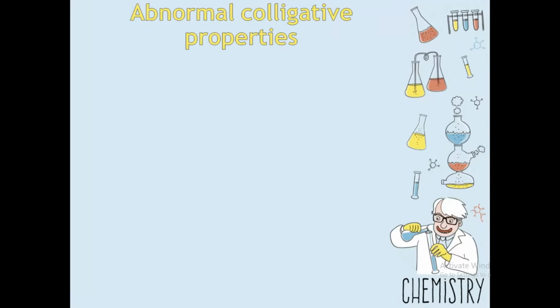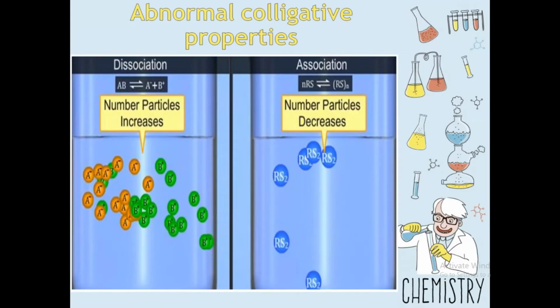The abnormal behavior of colligative properties has been observed in the following cases. So, if we dissolve an electrolyte in the solvent, it will either dissociate or associate in the solution. If the dissociation of the solute occurs, the solute which dissociates in the solvent shows an increase in the number of particles present in the solution.